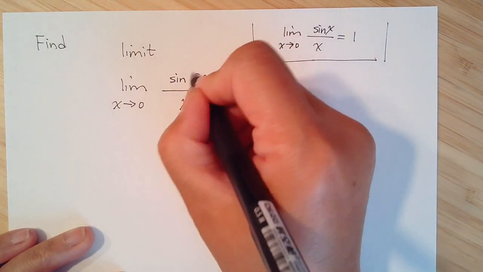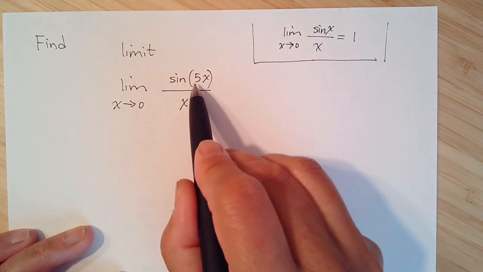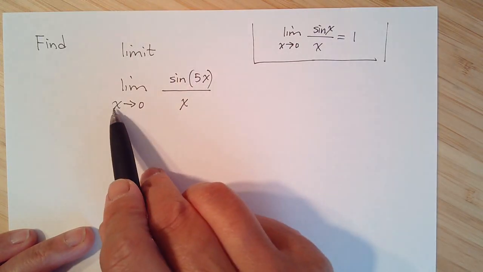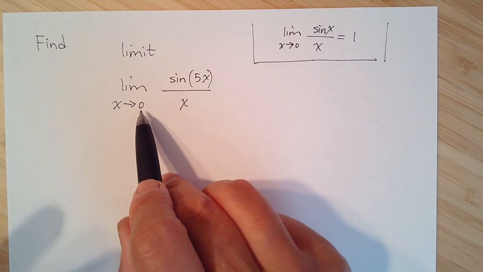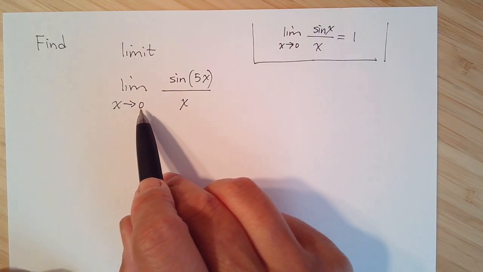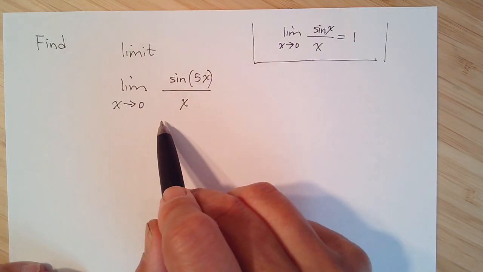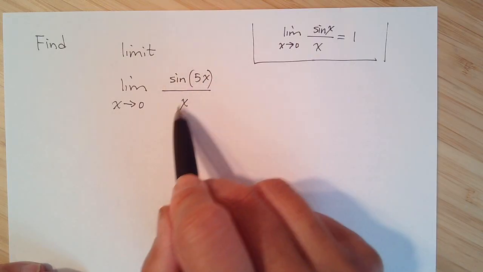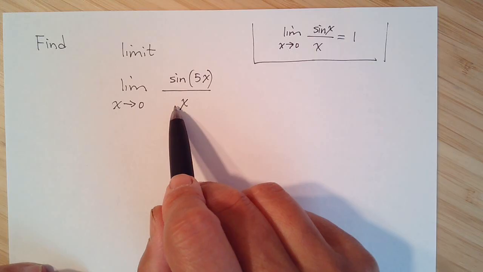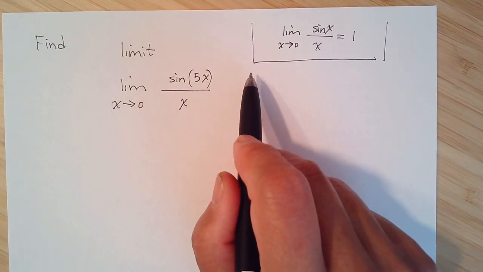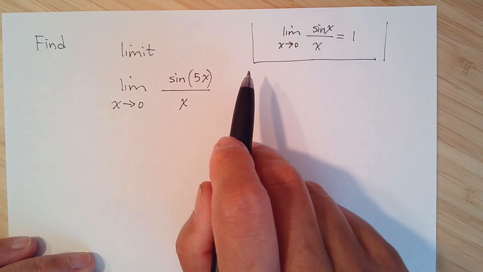It's a sine of an angle, and that angle is 5x. If x approaches 0, what about 5x? 5x of course approaches 0, right? So then I will put a 5 here, and then I know that will be 1. But you cannot just put a 5 there for no reason. If you put a 5 here, you have to put a 5 somewhere else to make sure they are equal. Makes sense?